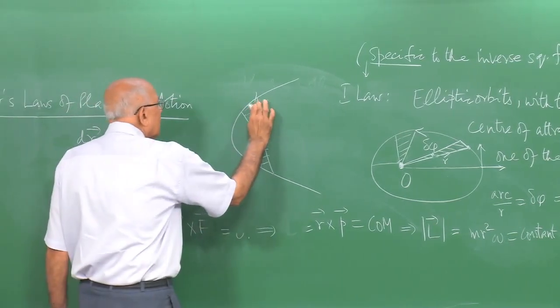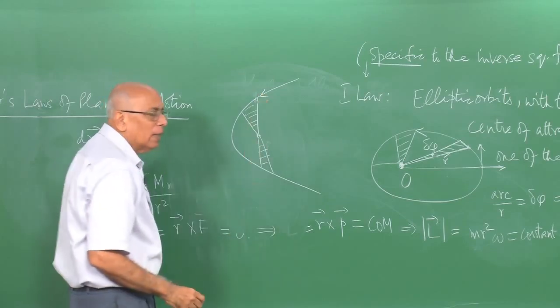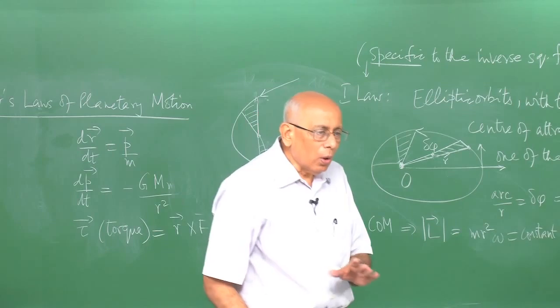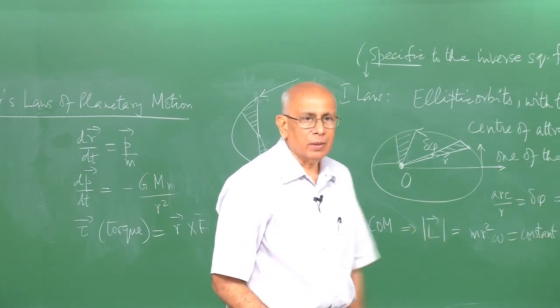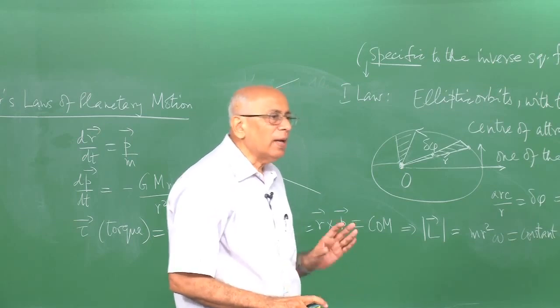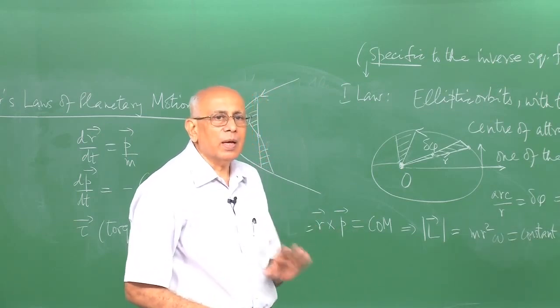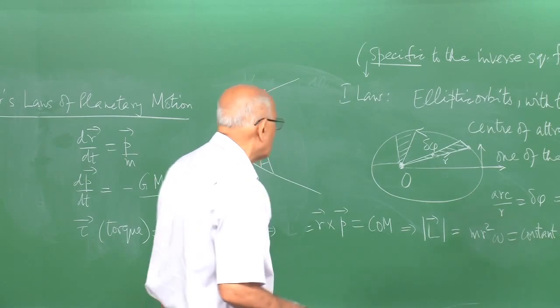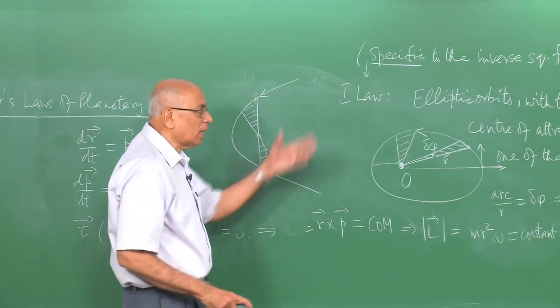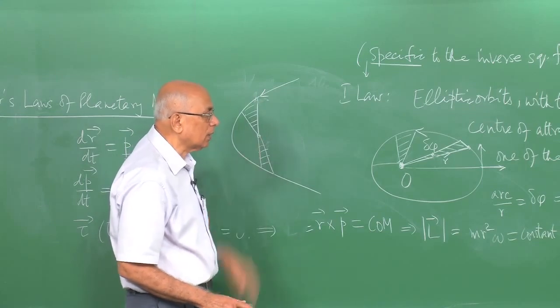So Kepler's second law is not specific to planetary motion. It's true for all motion in any central potential whatsoever, and in the case of the inverse square law of force, it's valid whether the orbit is an ellipse or a hyperbola or a parabola. It is still true, even for non-periodic motion such as that of comets.